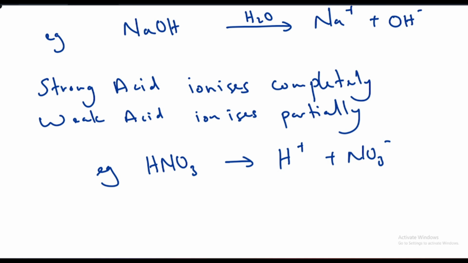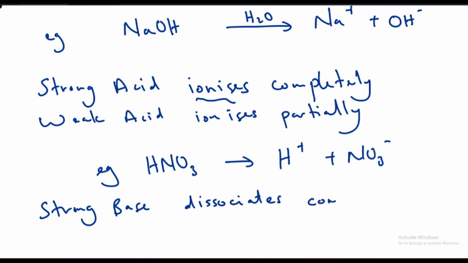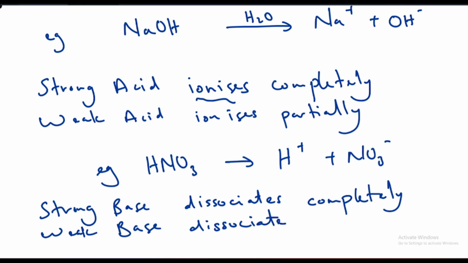Now, when it comes to strong and weak bases, we substitute the word ionize with the word dissociates. And we will define shortly the difference between those two words. So we say that a strong base dissociates completely, whereas a weak base dissociates partially.